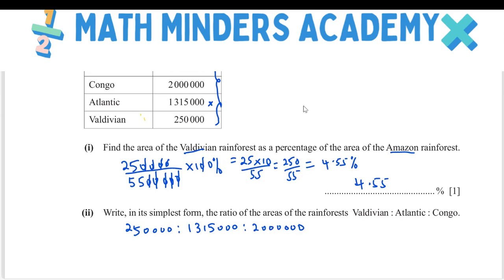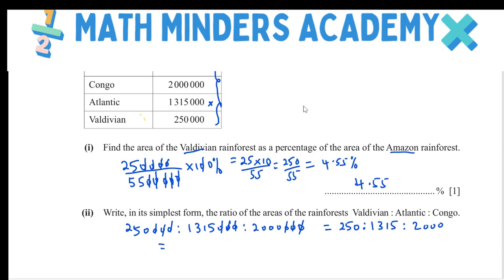So we want to bring this to the lowest term. We have 3 zeros here, so we are going to cross out 1, 2, 3 in each. So this gives us 250 ratio 1,315 ratio 2,000. Now we can reduce this further. We can use 5 to reduce this.